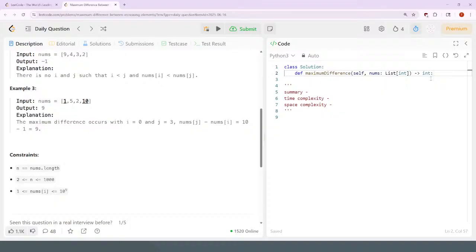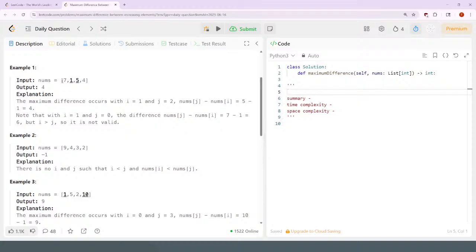If n is 2, and like a bigger number is followed by a smaller number, then that's going to be return -1. So let's think of some examples here, or let's think of how we might process this. 7 followed by 1.